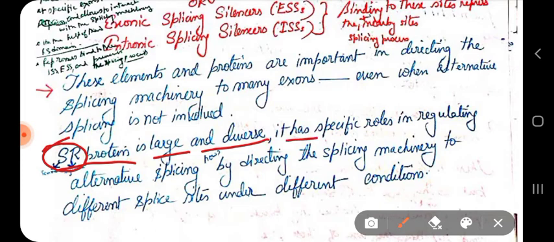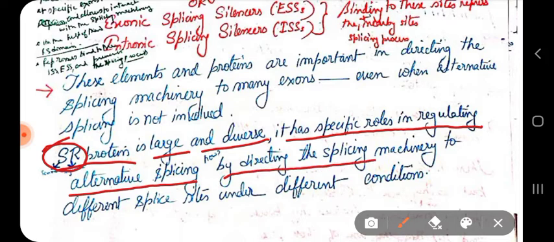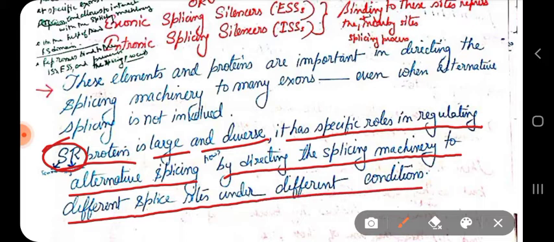They have specific roles in regulating alternative splicing by directing the splicing machinery to different splice sites under different conditions.